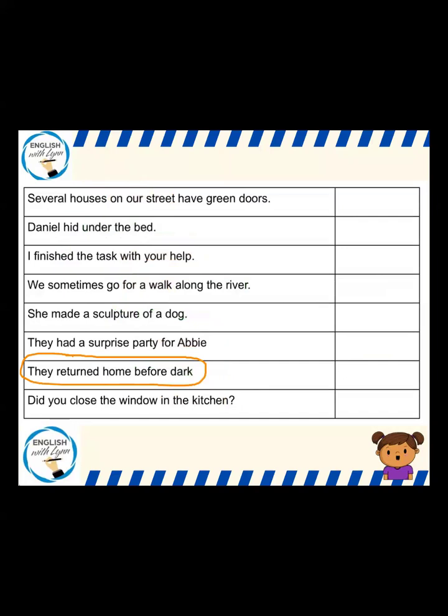And those of you that have done some of the other sessions with me, you will be familiar with that word before, and you will know that it is also a conjunction. Okay, so why is it a preposition in this sentence rather than a conjunction? Now, there is a reason that it is a preposition, and you need to look at what comes after it.